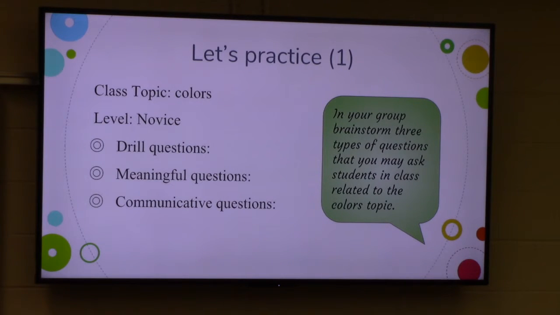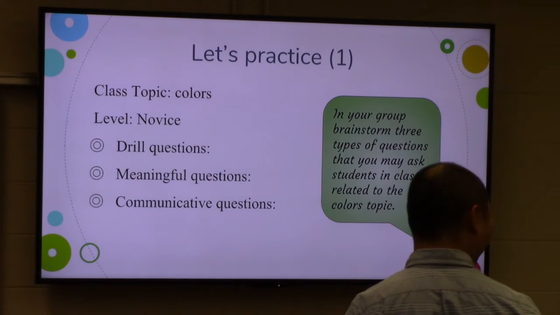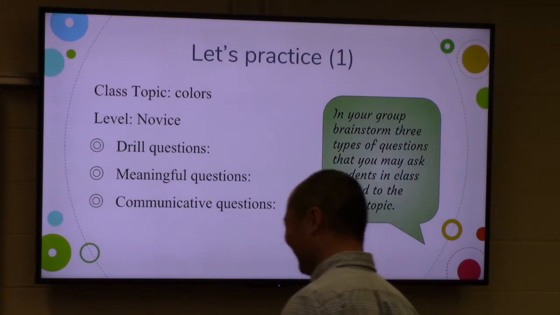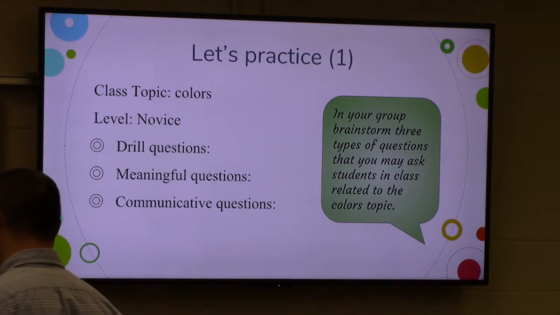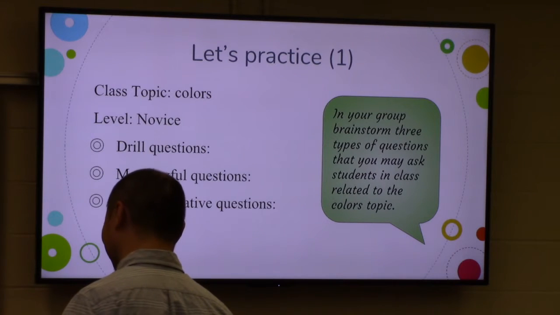And what color is something that's in the room? Right. Meaningful. So then what would a question be that's a drill? Or you could say, so just repeating it. Grass is green. What color is that? Is yellow, is brown. What's your favorite? Some kind of confirmation questions. What's your favorite color?